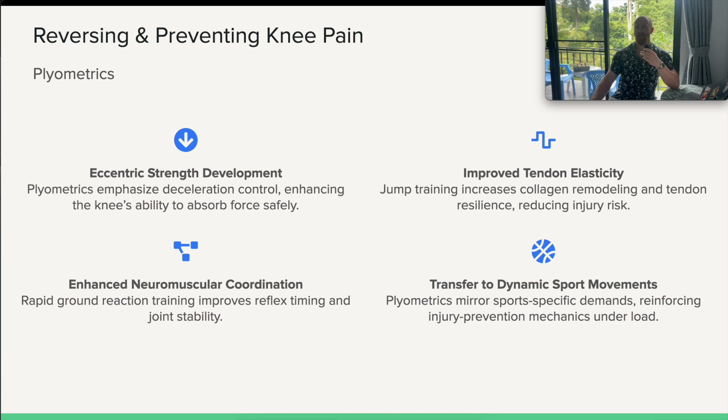It's great to increase proprioception for any population, don't get me wrong, and also increase the eccentric strength development. But I feel as though for a lot of people, the two that I just mentioned are going to be the most beneficial of results that you're actually going to be extracting from your plyometric training.